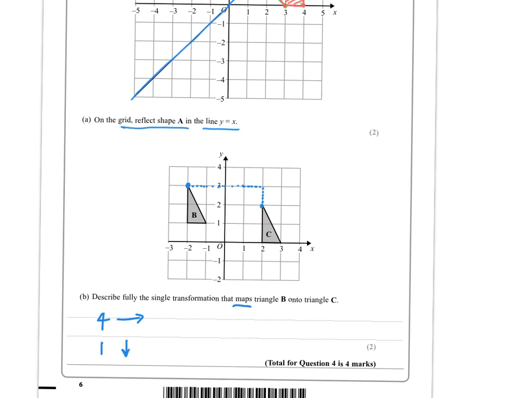But the best way of saying that is to say it in vector form, and that is 4, minus 1. Okay, because if you have a vector, and I'll write this here, x, y, then this number here is the movement on the x.